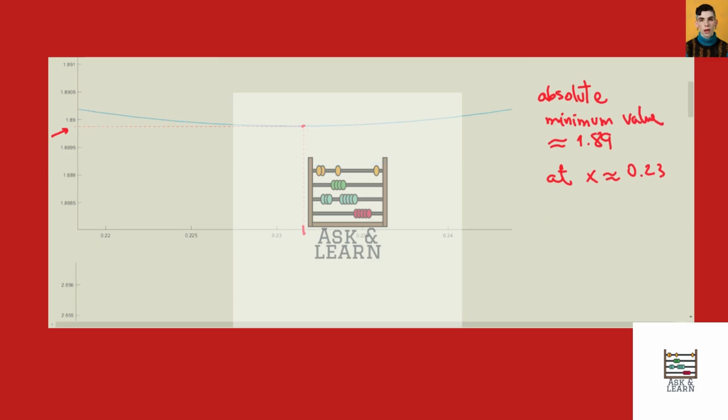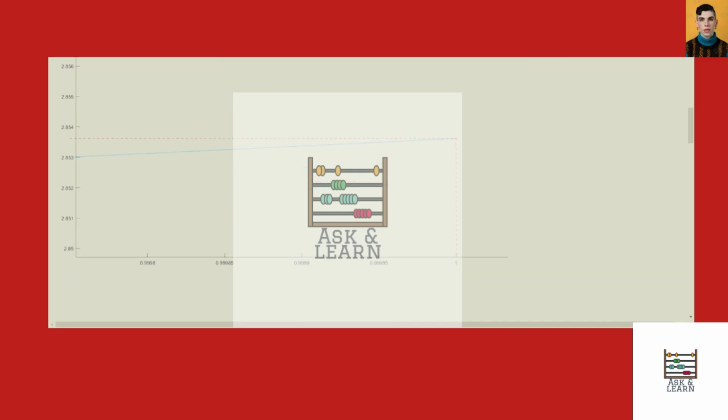of the function, and for the absolute maximum value, we have this one here around the endpoint 1, and we can see that the absolute maximum value of the function is about 2.85 at x equal 1.